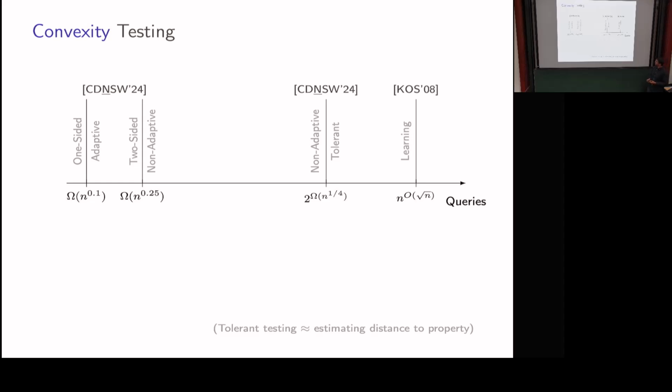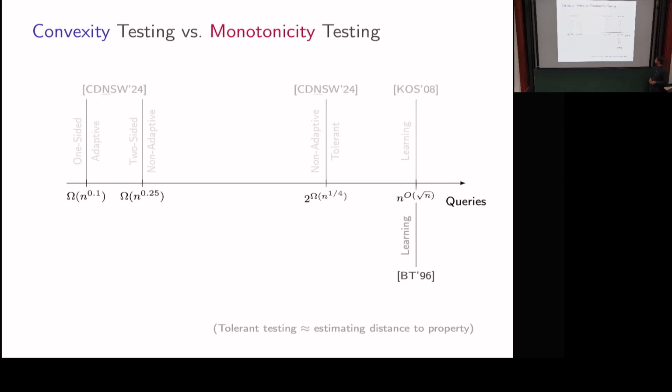And again, just to connect this back to monotonicity, so we can come full circle, the learning upper bound is again n to the root n, the classic result from 1996. You can prove a very similar tolerant lower bound, and indeed we proved this last year. But the testing complexity has been pinned down to be polynomial.